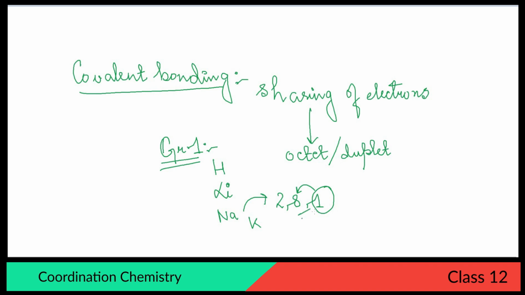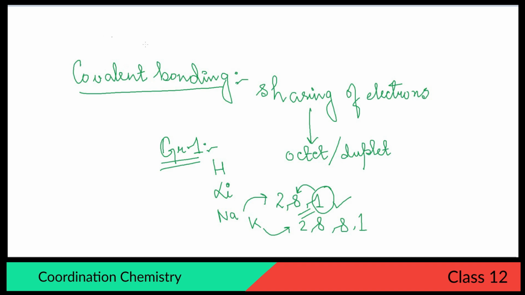So, in order to attain the octet rule, it has to lose the 1 electron in its valence shell in order to make itself stable, right? Similarly, for potassium, it is 2, 8, 8, 1, right? So, for it also, it can satisfy the octet rule rather than the duplet rule.